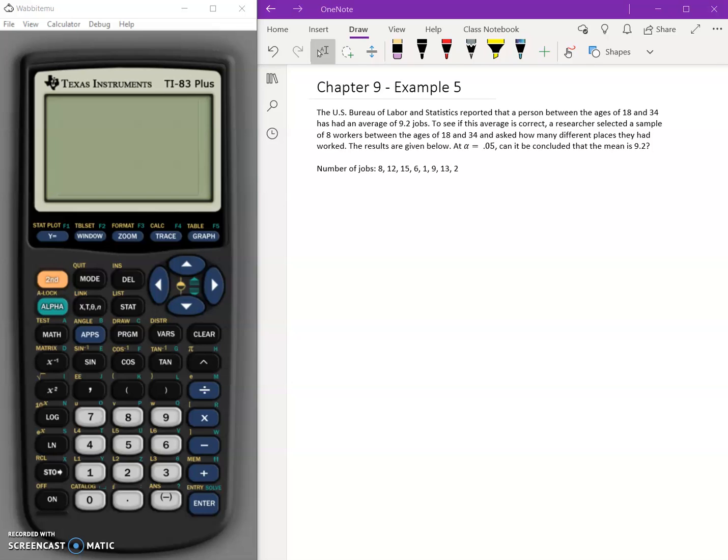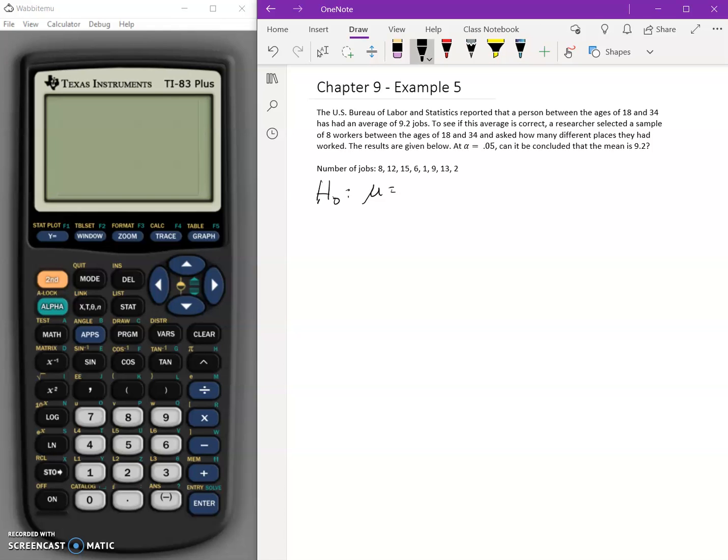So then we have this data here for these 8 people. We see the number of jobs was 8, 12, 15, 6, 1, 9, 13, and 2. To begin our hypothesis testing, as usual, we need our hypotheses. Our null hypothesis is a statement about a population parameter, and in this case, we're looking at means.